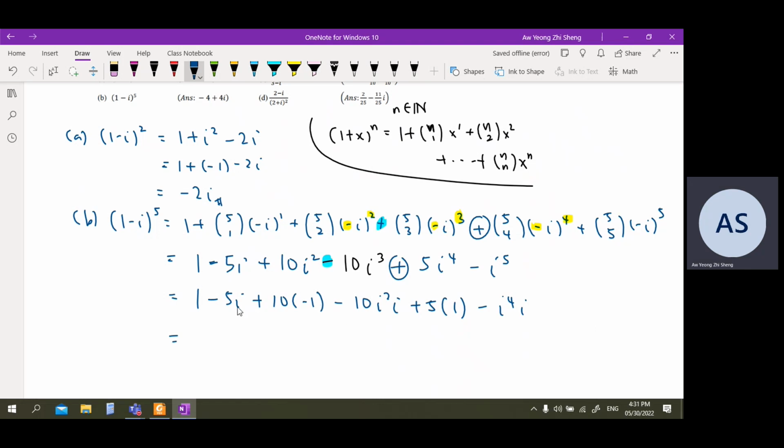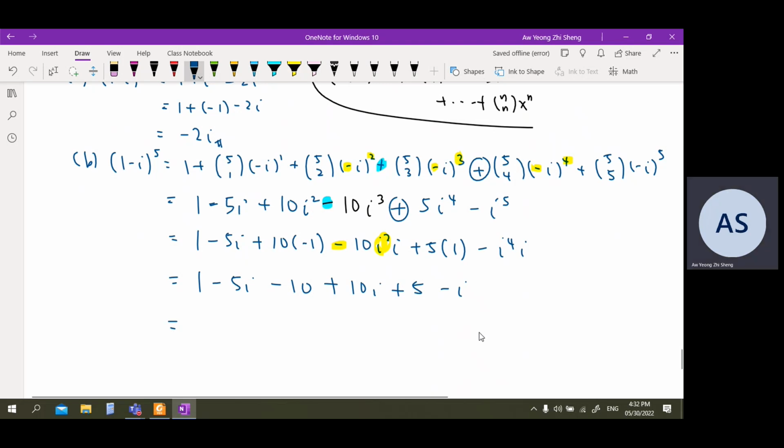Then simplify further. 1 minus 5i, this is minus 10. i squared becomes negative 1, so that changes the negative in front to become a plus. Plus 10i. Next one is just 5, and i to the power 4 is just 1, so I get only an i.